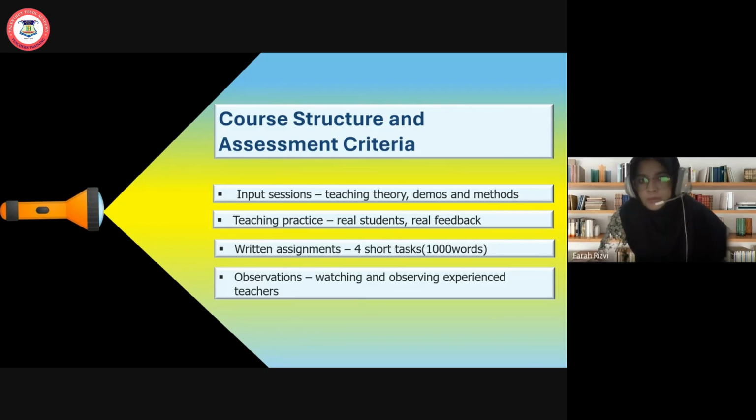But input sessions and observations are very important, because whatever you are going to learn in these two, like input sessions and by watching videos of experienced teachers, you are going to apply that knowledge in your teaching practices and in your written assignments.